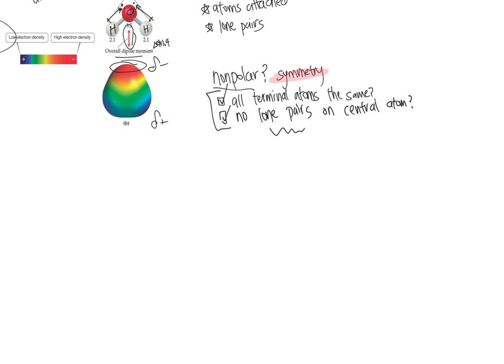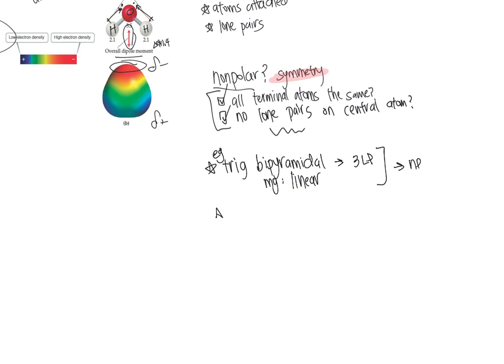That would be when we have trigonal bipyramidal geometry where it has three lone pairs. This gives us the linear shape for the molecular geometry. So when the electronic geometry is trigonal bipyramidal and the molecular geometry is linear, and those two terminal atoms are the same, then this is also nonpolar.